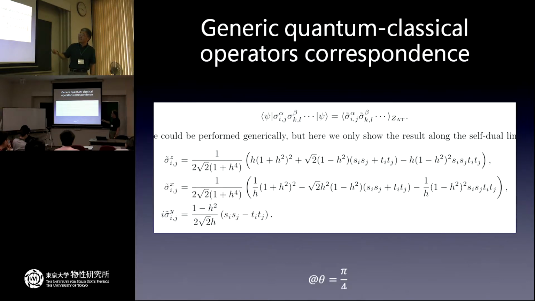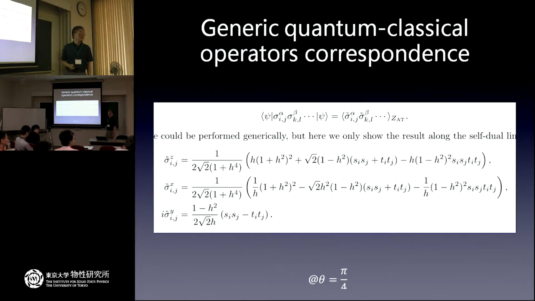So which part is non-local? I don't see it. You see here that this is a quantum operator in the quantum model, and when you transfer to the classical model, it becomes a sigma tilde. It's a sigma tilde in terms of S and T operators. This is the exact expression for these three different components.